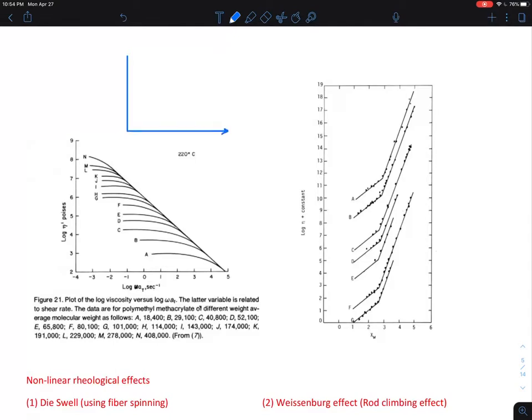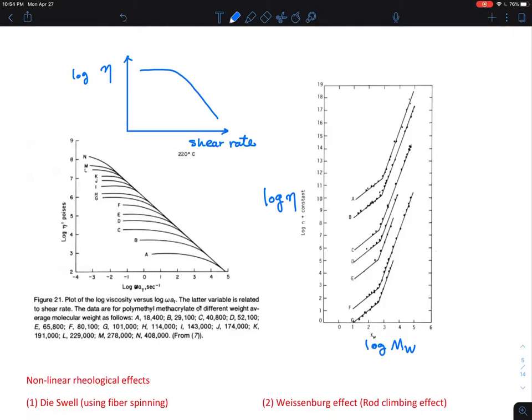Most likely the polymer looks like that, and that's the viscosity and the shear rate. And you remember in the first day of my class, I showed you the log viscosity versus log weight average molecular weight.